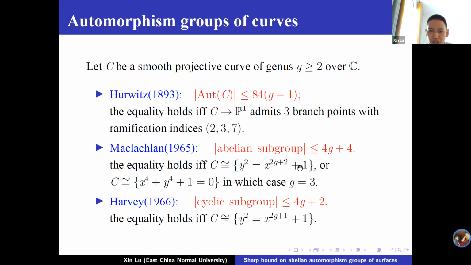The first one is the usual hyperelliptic curve given by y squared equal to x to the power 8 plus 1. And the other one is given by the Fermat quartic curve, which is of course not hyperelliptic. Such a phenomenon happens also in the surface case, as we will see later.